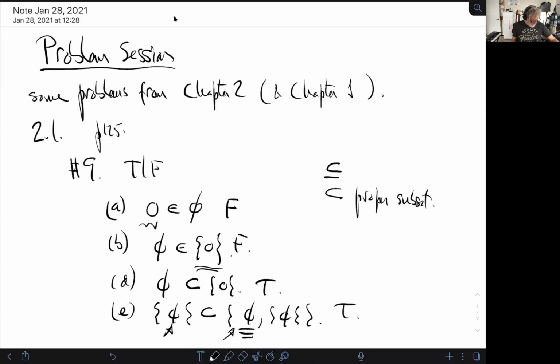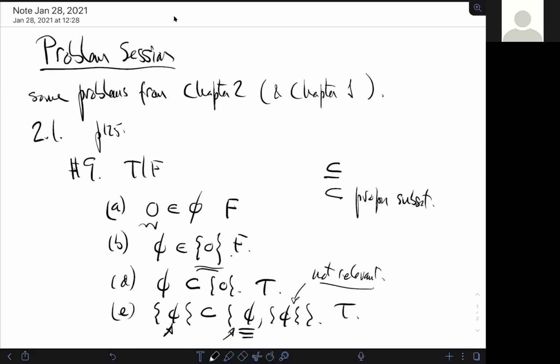But notice that this part is not relevant. This is really important. That extra element there is relevant in the sense that there should be an extra element, otherwise it's not a proper subset, but the fact that it's the empty set in curly brackets is completely irrelevant to the question.